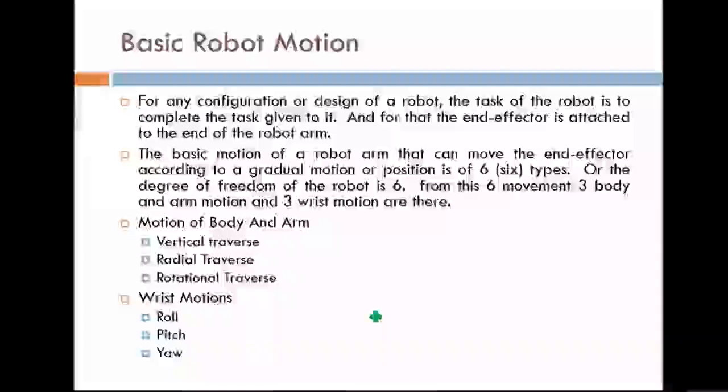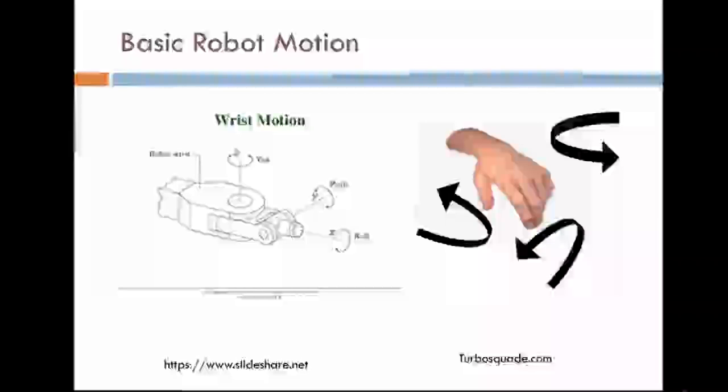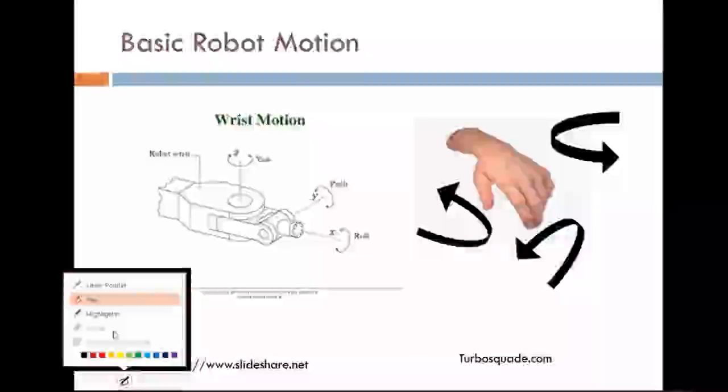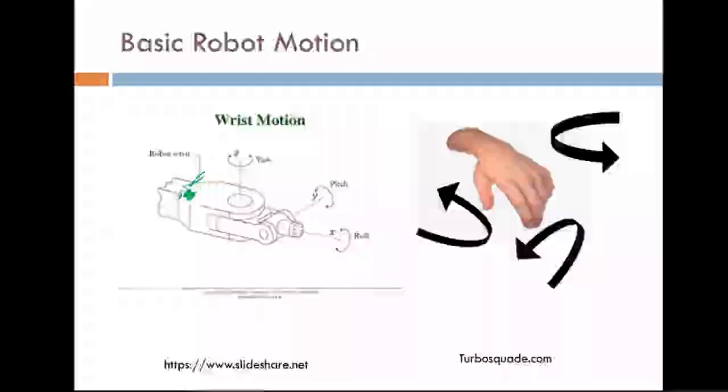Okay, so let's see what roll, pitch, and yaw are in the end effector. Here is one figure, wrist motion. So what is wrist motion? Just check here, I draw this green line.